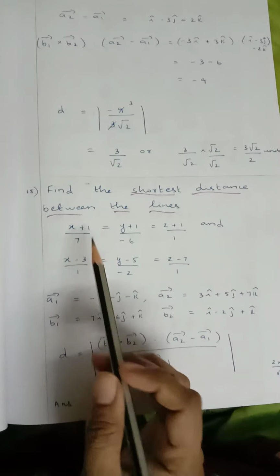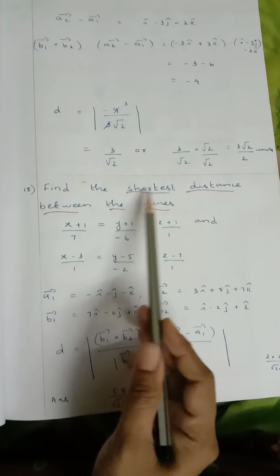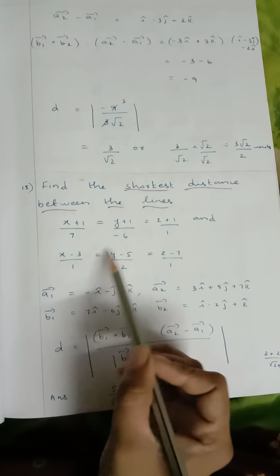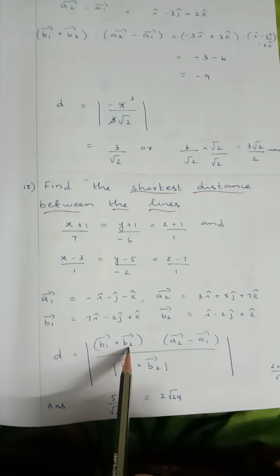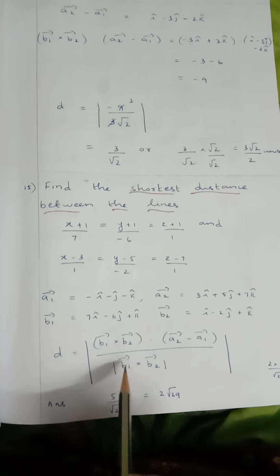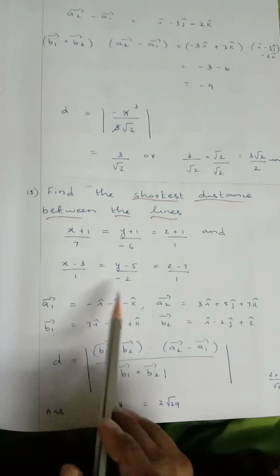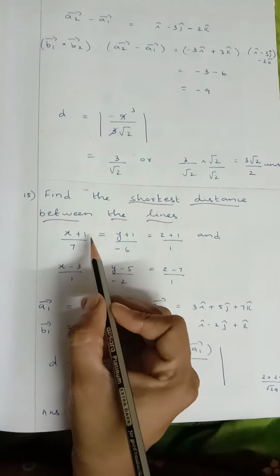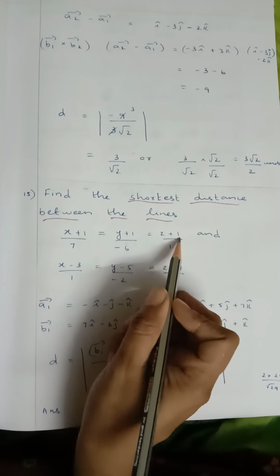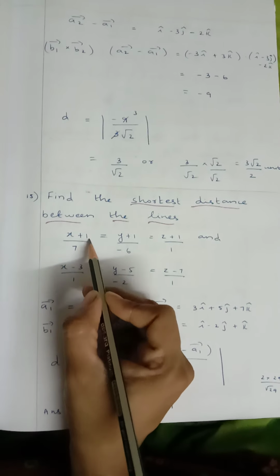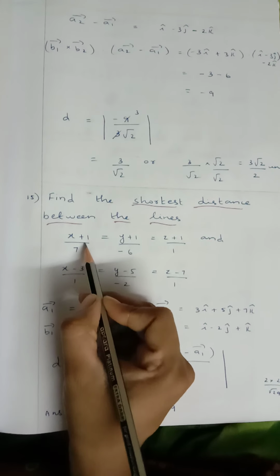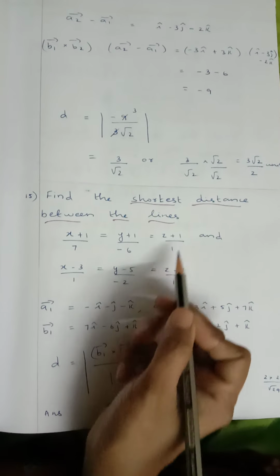Okay, 15th question, find the shortest distance between the lines. The same formula only: b1 cross b2 dot a2 minus a1 by magnitude of b1 cross b2. So which is your a1 here? Correct, what you have in the numerator. But how will you write this? x minus x1, so it will be minus i minus j minus k.